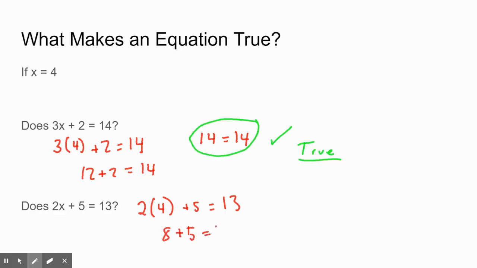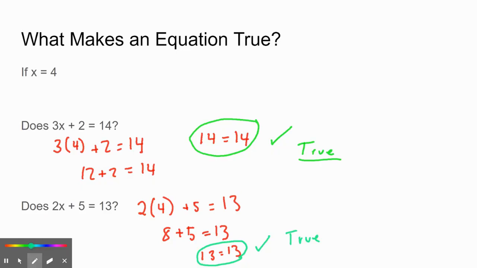Plus 5 is 13. 8 plus 5, 13 is equal to 13. So, we know that this one is true as well. So both of these equations are in fact true. Fun fact, I actually meant to make that second one a false one. So let's do one more.